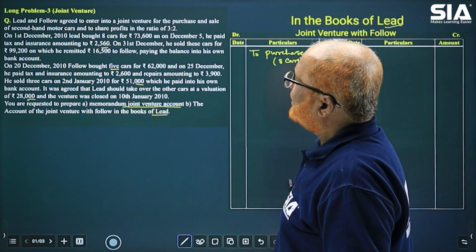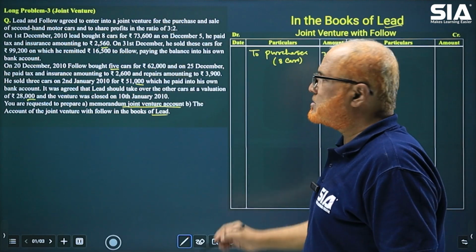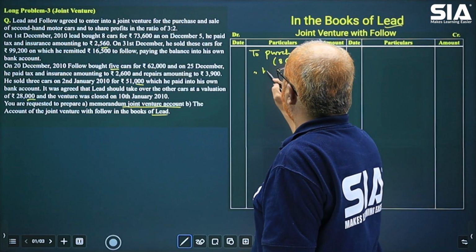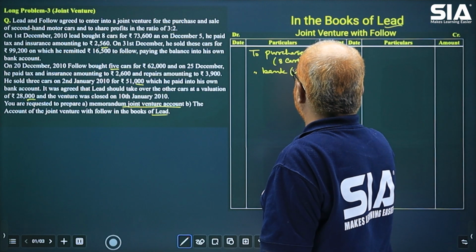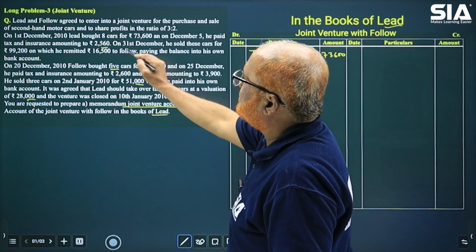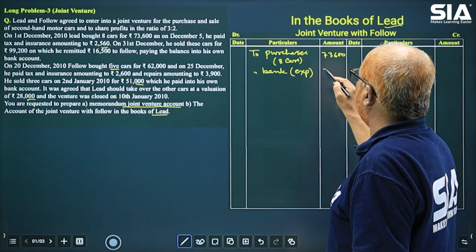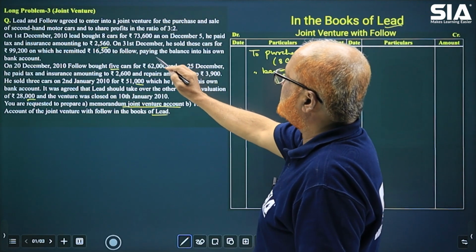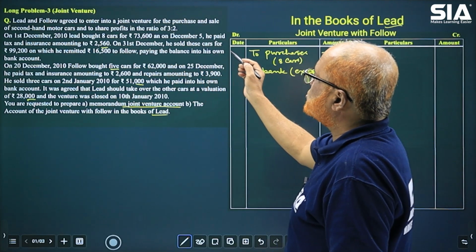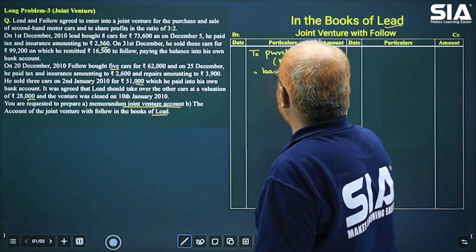Apart from that, he paid tax and insurance to bank. Expenses, tax and insurance he paid 2,560. Right?